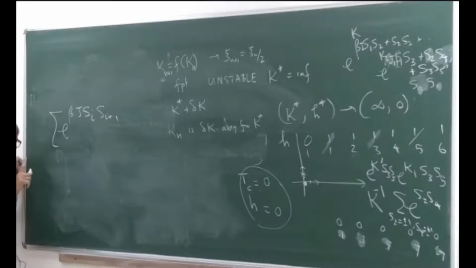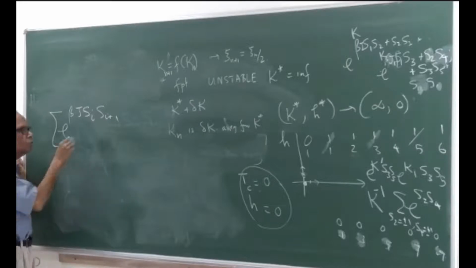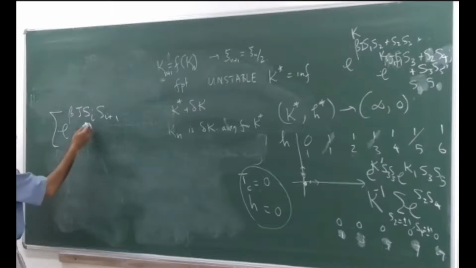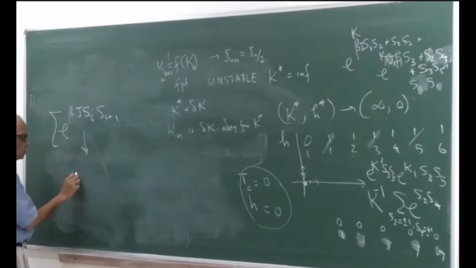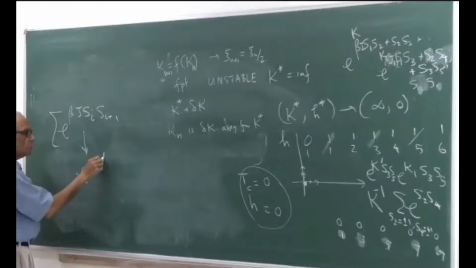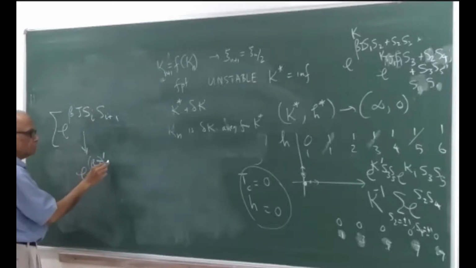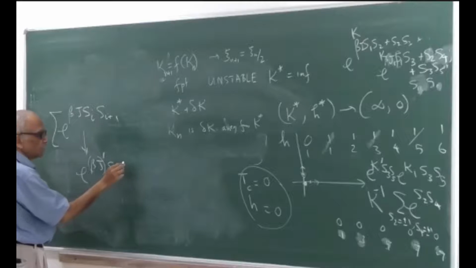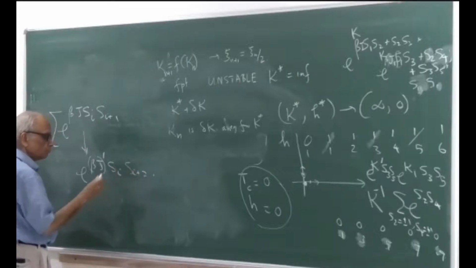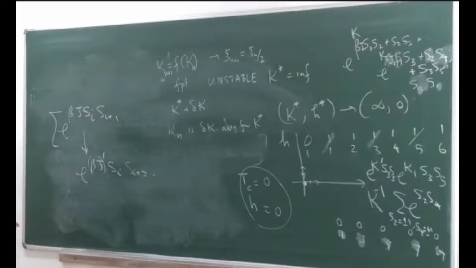One has to be very careful about that. What we have done over here was we simply said that if I were to remove these, I simply mapped this to another problem which looked like a beta j prime, si and si plus 2. So I simply mapped it to this problem over here.